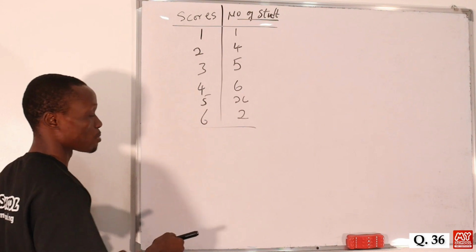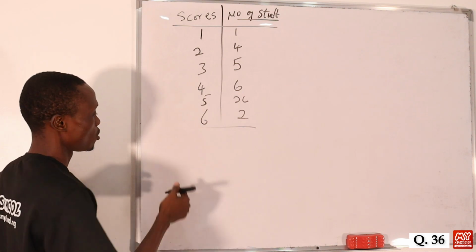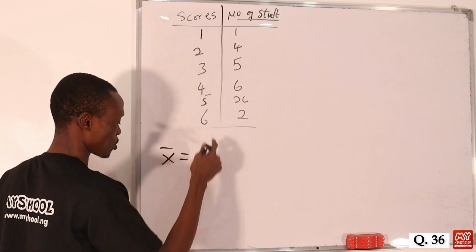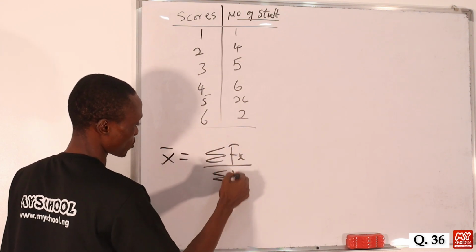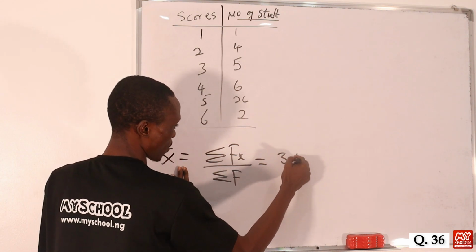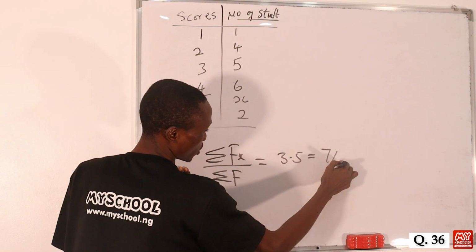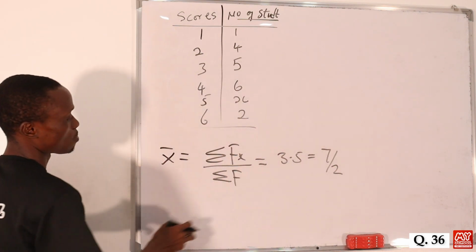So in this question, we are given average. And remember, average in this case implies mean. So remember to calculate for mean, which is x bar, is actually, in this case, equals summation Fx all over summation F. Okay, and this is given to us to be equals to 3.5. But remember that 3.5 is also equals to 7 over 2. So basically, this is what we are going to be using in place of 3.5.